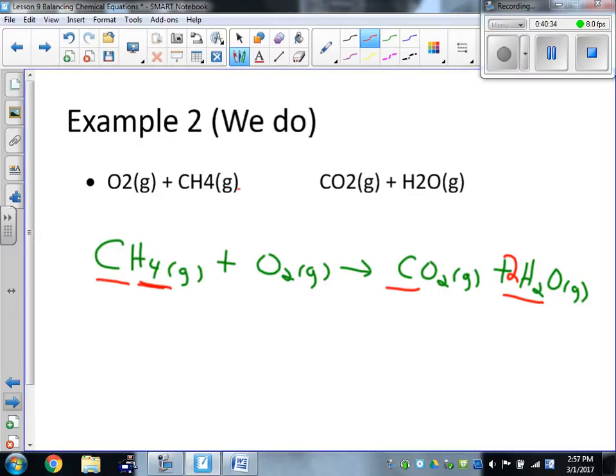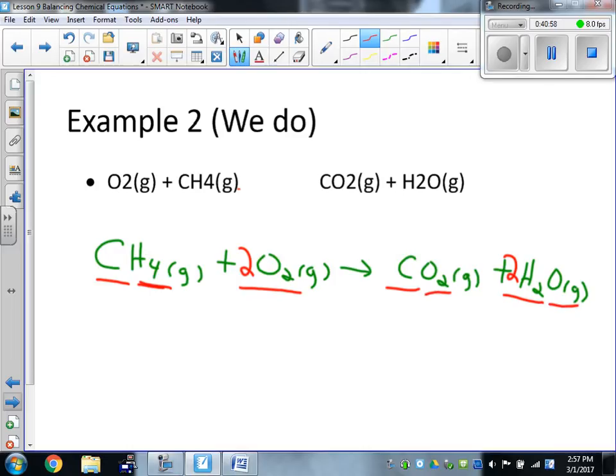So that's a total of 4 on the product side, right? But I only have 2 here. So how am I going to fix that? Times this one by 2. 4 O's, 2 and 2, 4 O's. Good? That's it. That's not so bad, eh?